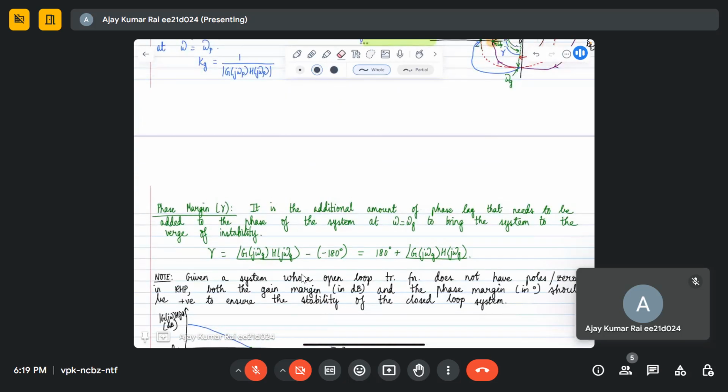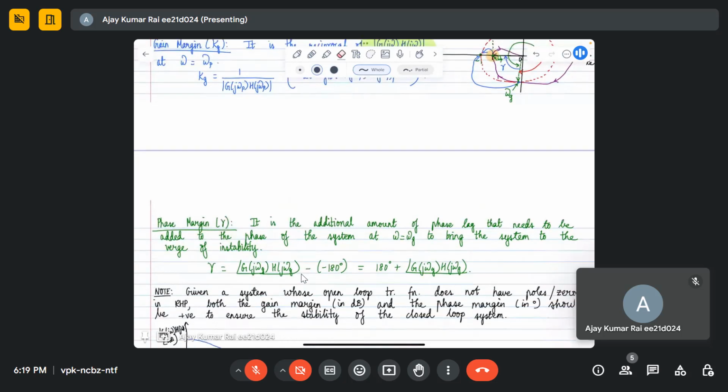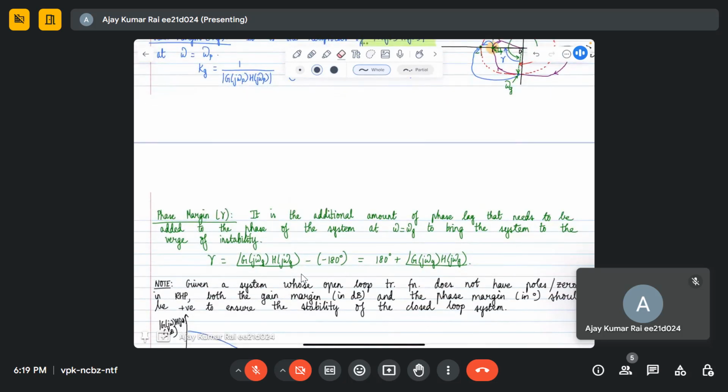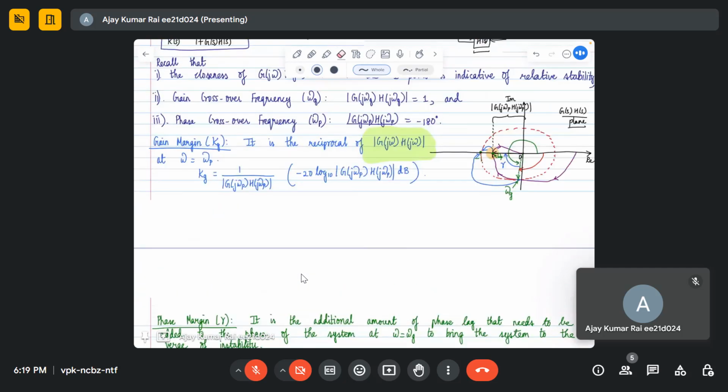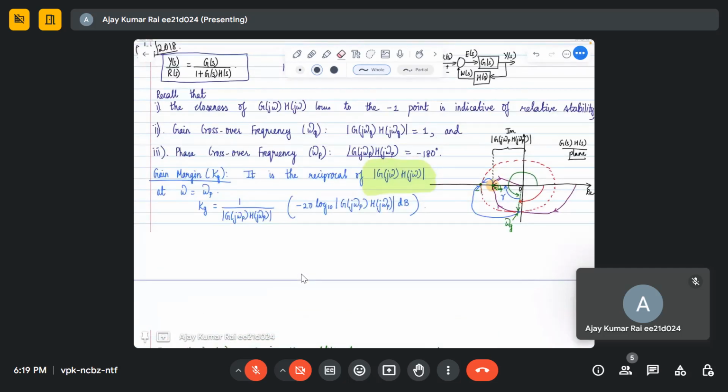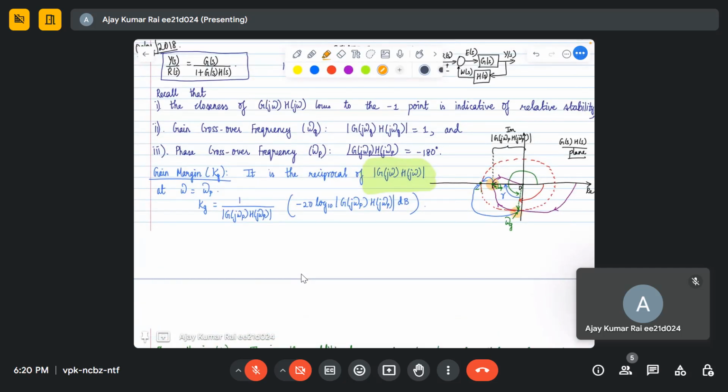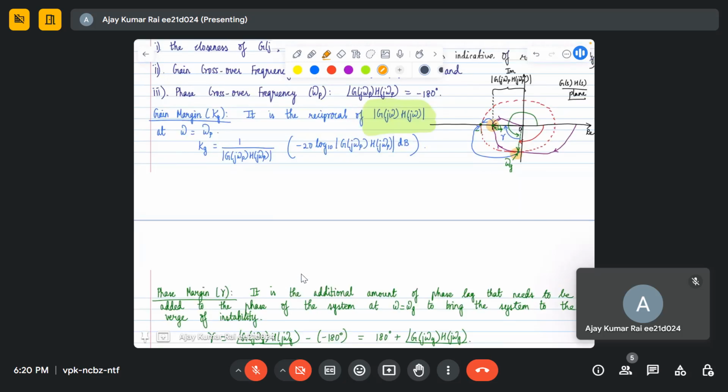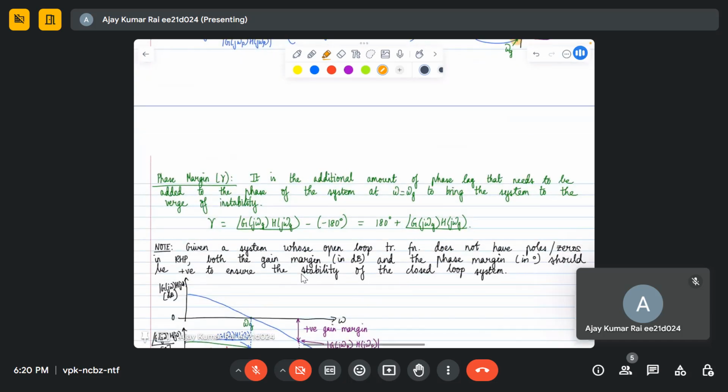Similarly, the phase margin is the additional amount of phase lag that needs to be added to the system. We have seen that also. At this point, this is the phase, and you can see what angle should be added so that the system becomes unstable.